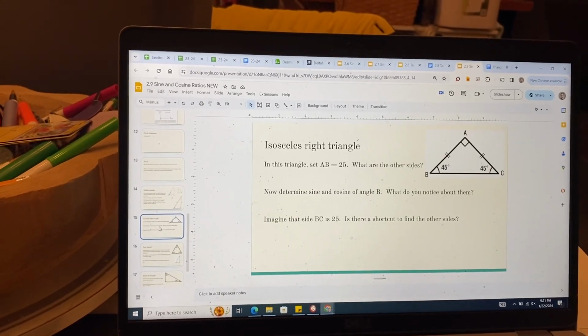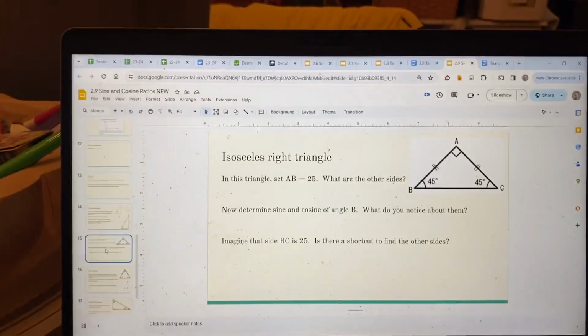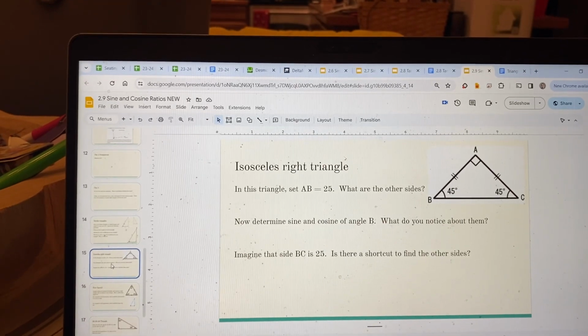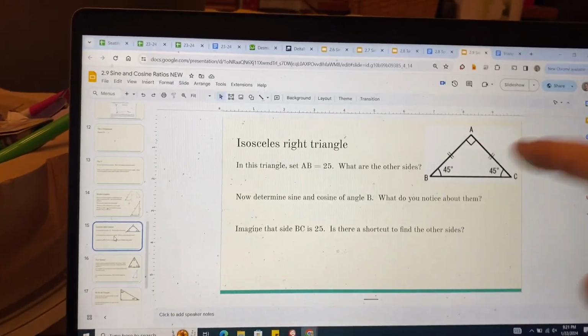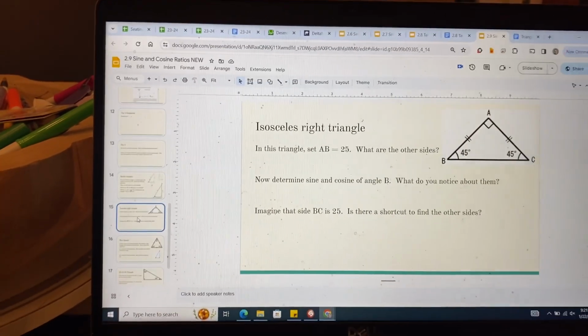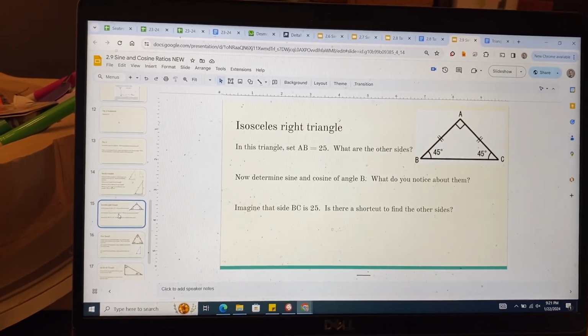So what does that mean for us? When we get something like this, we have an isosceles right triangle. So we have 45 degrees. If we know that AB is 25, then AC, because these angles are the same, this is going to be an isosceles triangle. AC is also going to be 25.